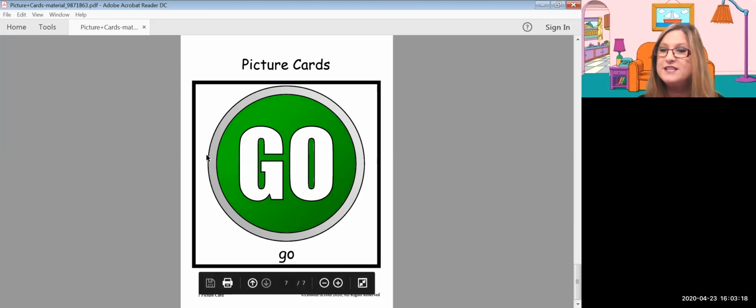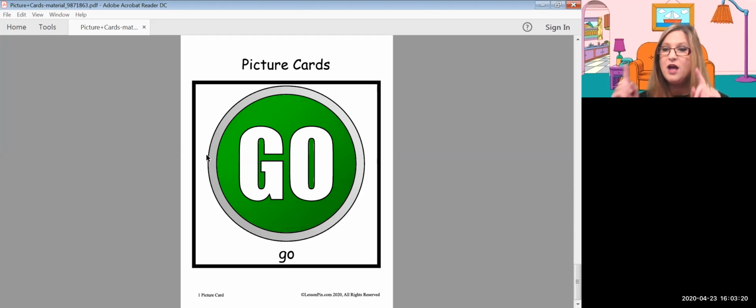The next one is go. That one's easy to remember. We often use gestures that look very much like a sign language gesture, so you can't really even tell the difference. And this one is similar. Go. Kids love to hear the word go when we're playing with them. For example, we would say, ready, set, go.